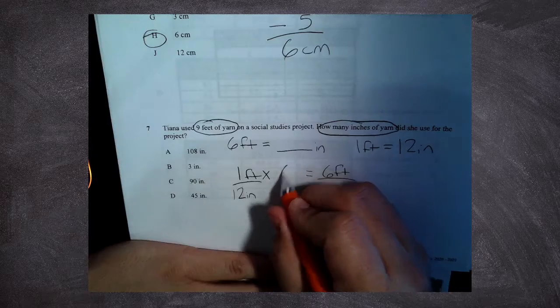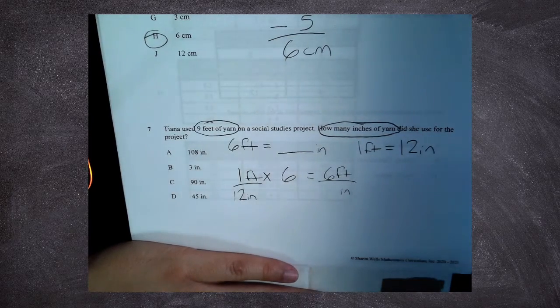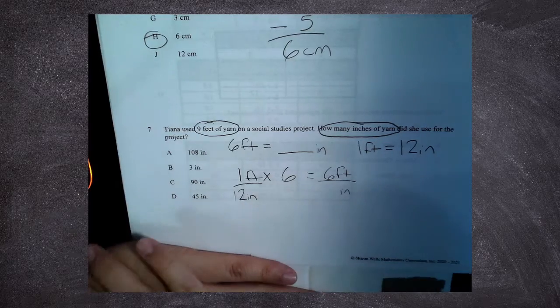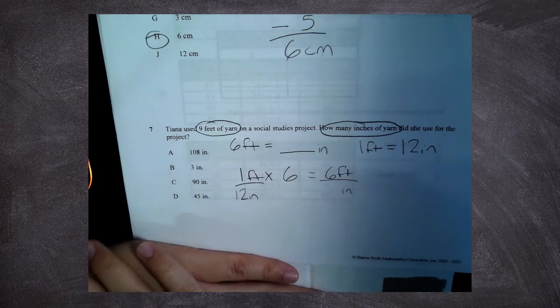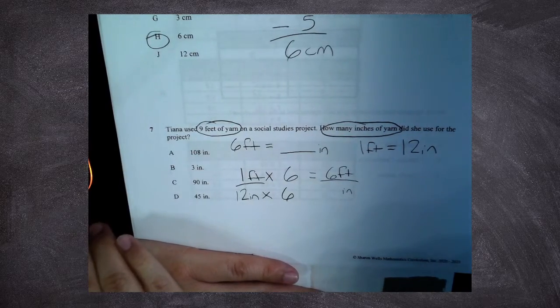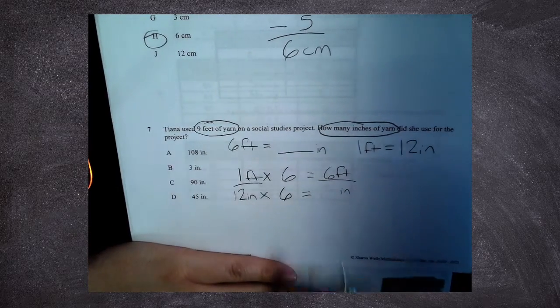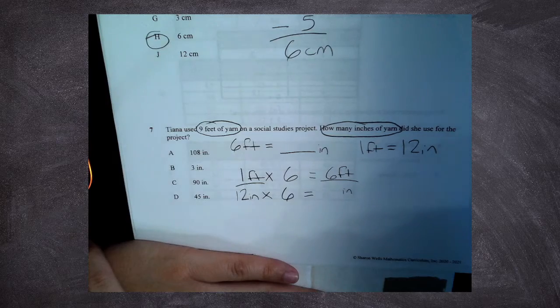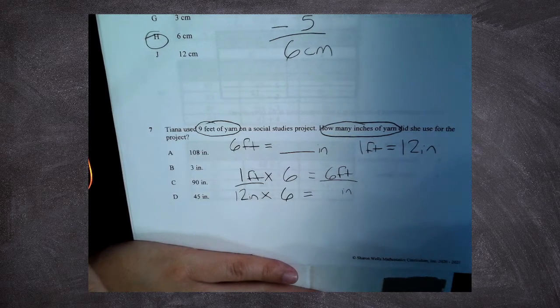Times 6. And again, Bella, if I'm going to be equal and even and fair, can I just multiply the feet by 6 and be done? No, I've got to do the same thing to the inches. I've got to do 12 times 6, and that will tell me the inches.